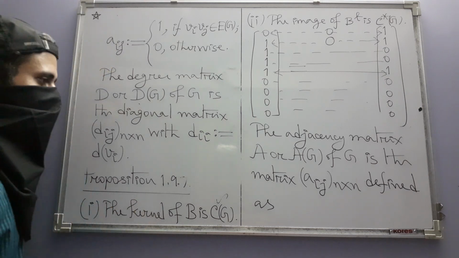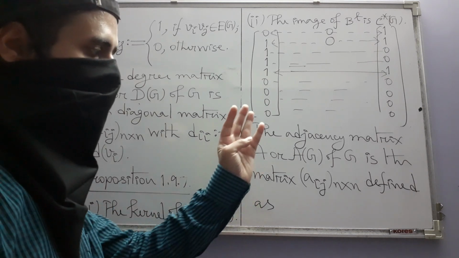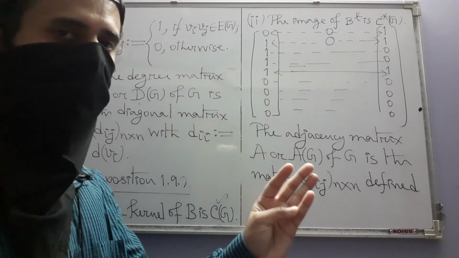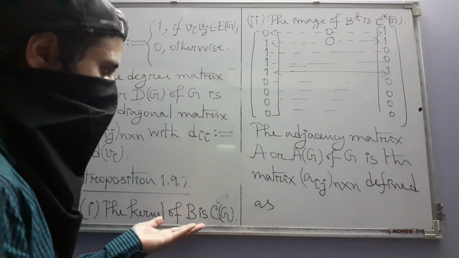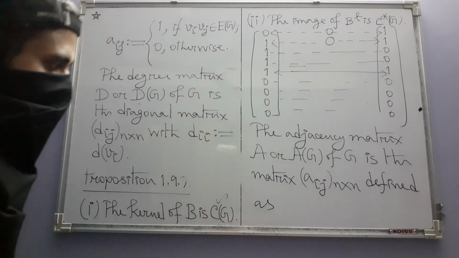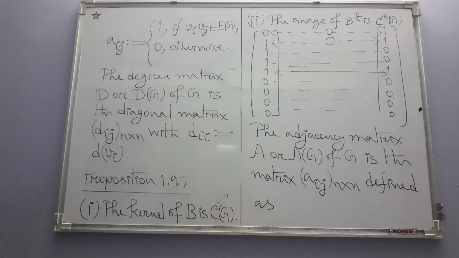And it turns out that these things, the incidence matrix, the adjacency matrix, and the diagonal matrix, are related by an equation, and that is the last proposition.